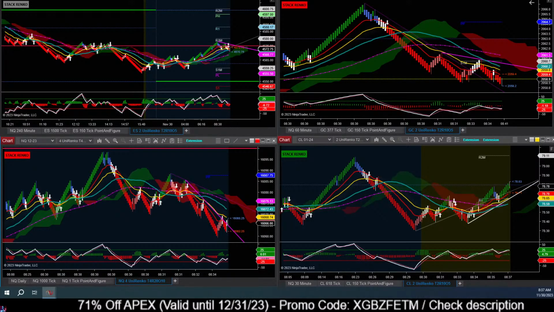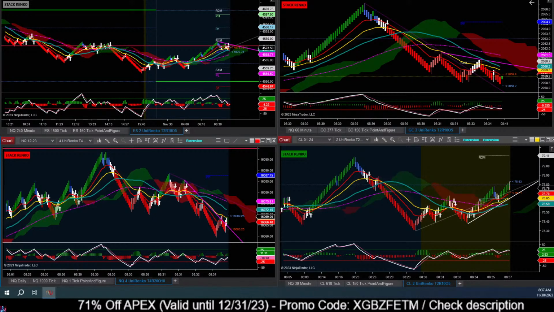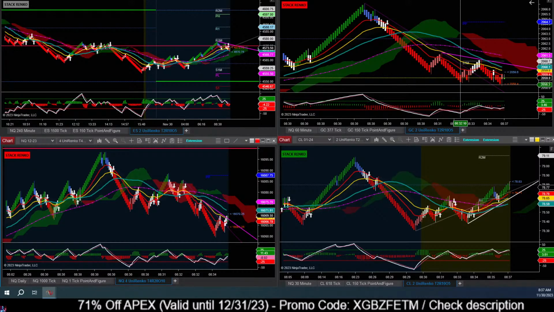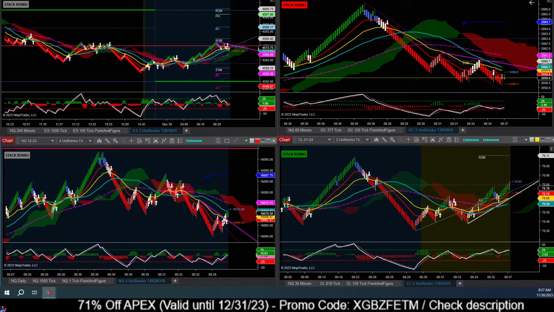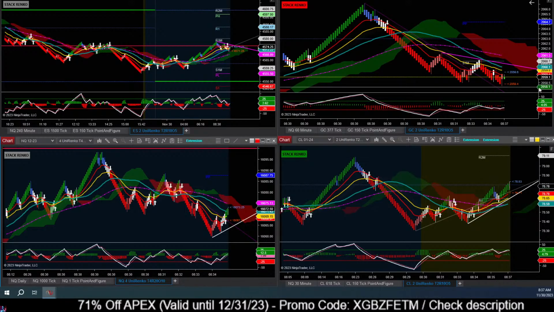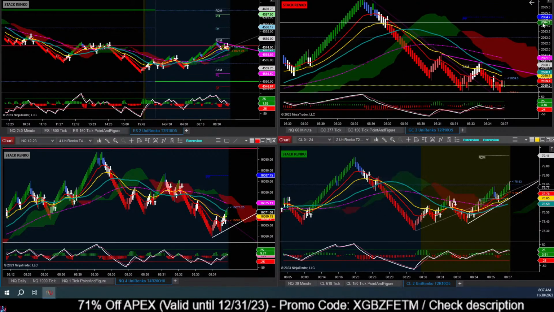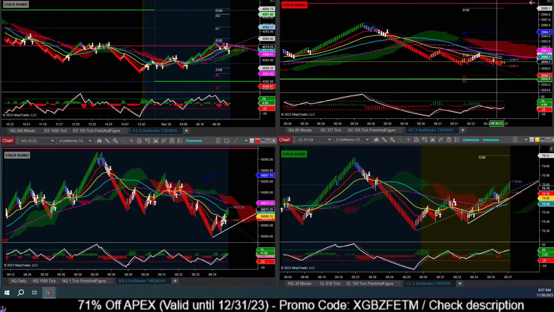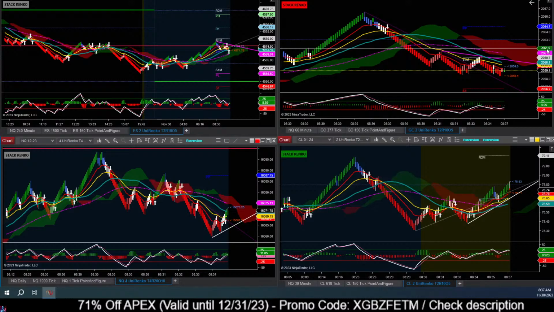Little bit of reaction off of that support there on gold and reversed to the other side now. Okay. I still think that it can go all the way to this low here. We'll see.